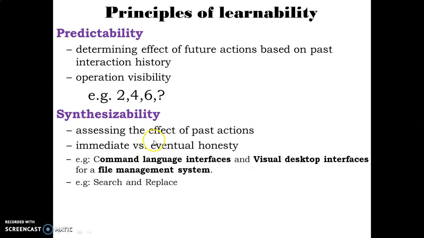So, it helps in assessing the effect of past actions. At least the notification should appear eventually after explicit user directives to make the change observable. It can come either immediately, requiring no further interaction to be initiated by the user. So, there are two types of honesty, immediate or eventual honesty.